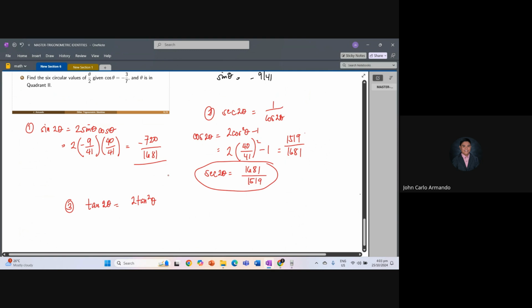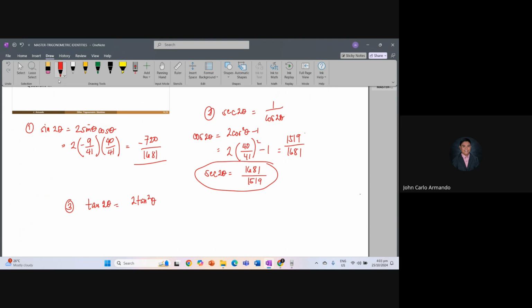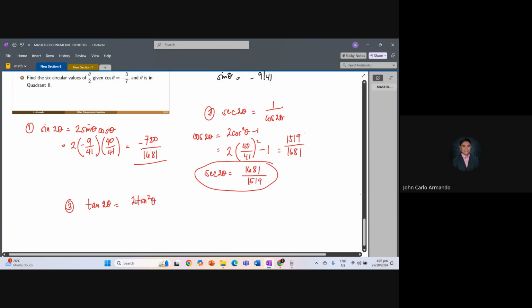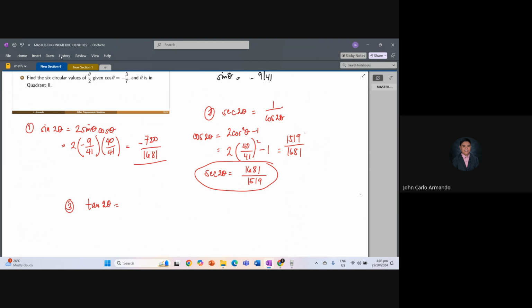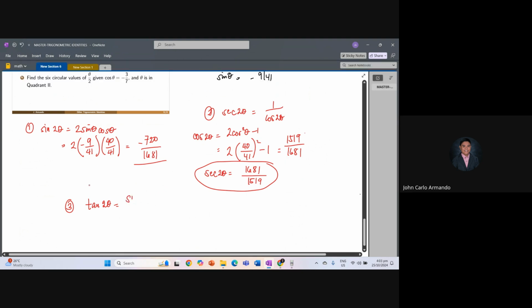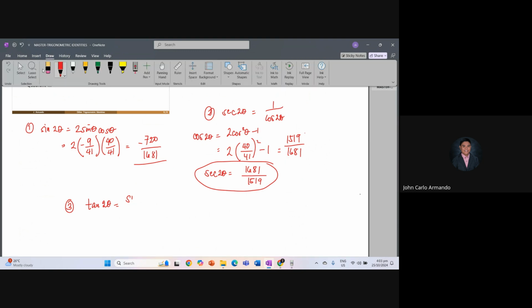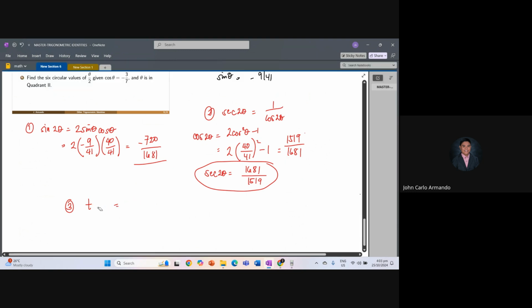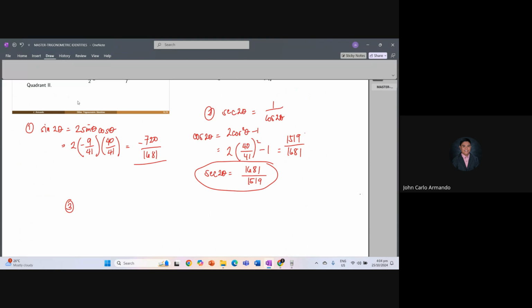Okay. Sige. But as you can see, we don't need to find the value of tangent theta. Since we have cos 2 theta and sin 2 theta, we can directly get the value of cotangent 2 theta.